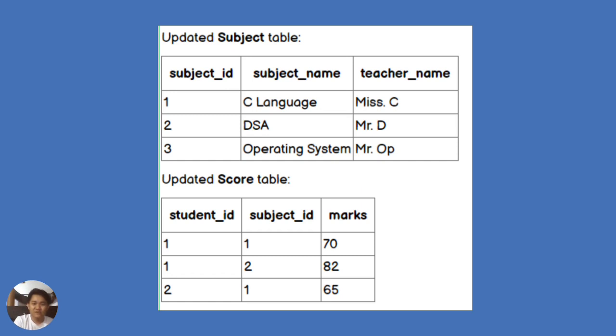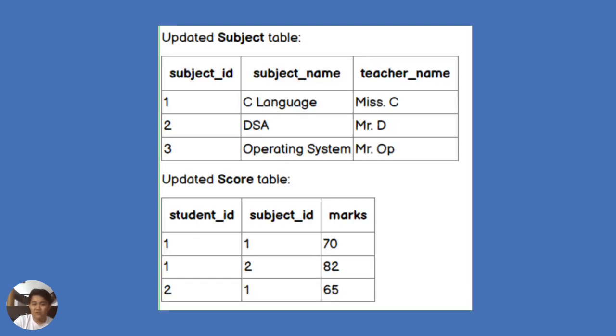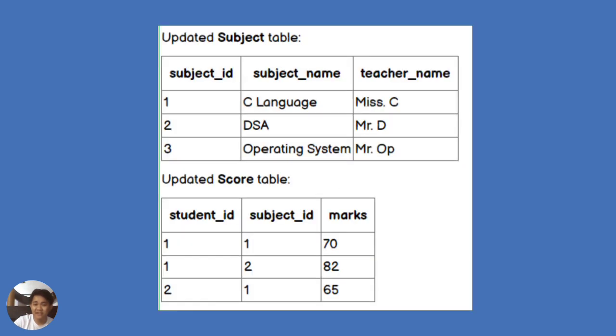By separating the teacher name, you also separate another table. In this case, since teacher name is only connected to subject ID, you should emphasize here that subject ID is connected to teacher name. So in this one, we have the subject ID, subject name, and the teacher name. And then we have another table which is student ID, subject ID, and marks.